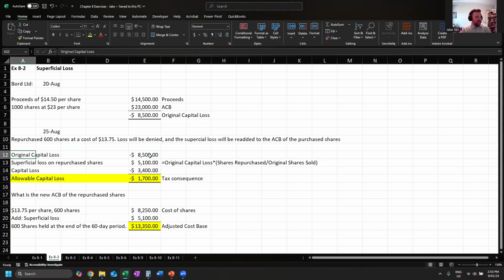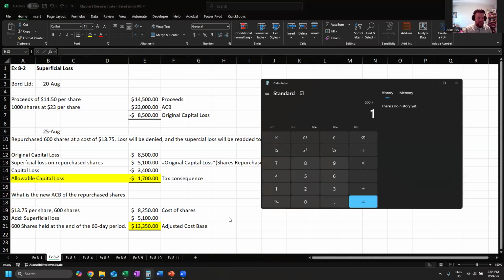So what we do is we take that original capital loss and we have to figure out how much of that loss needs to be added back to our tax return and added back to the cost of our new share purchase. And what we do is we take a percentage. Since the shares repurchased were 600, so 600 divided by the 1,000 shares we originally sold, we repurchased 60% of those shares.